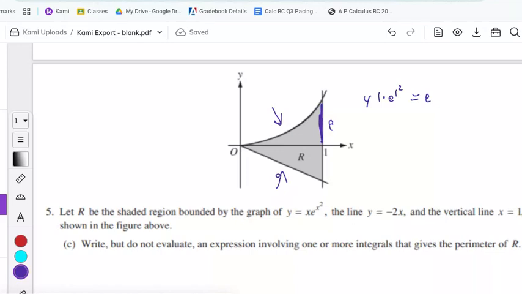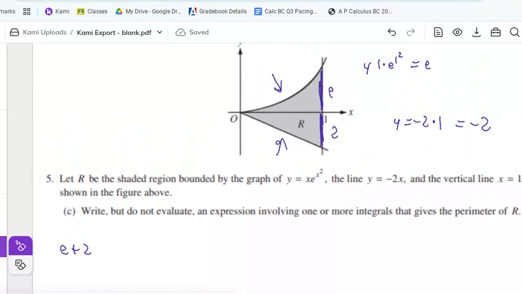Now let's plug in 1 into y equals negative 2x. This equals negative 2. And since we're finding length from one point to another, we're going to subtract it and it becomes positive. Or we can also say that this line right here is 2. So the total length of the line x equals 1 from its intersection points is going to be e plus 2.